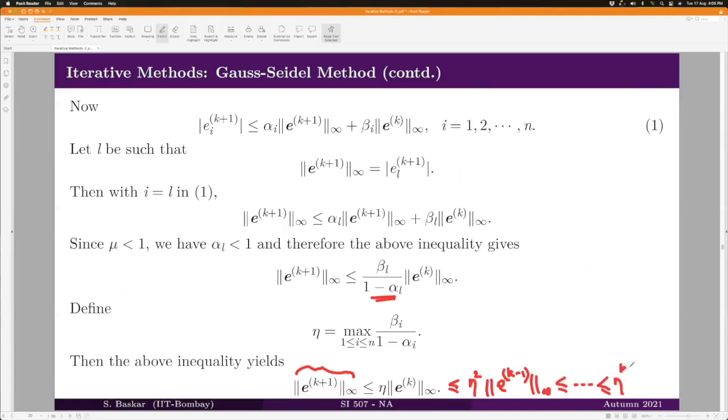Eta^(k+1) norm e^0 infinity norm, and this goes to 0 as k tends to infinity, and that will tell us that the error goes to 0 as k tends to infinity. And this proves the theorem on Gauss-Seidel method.